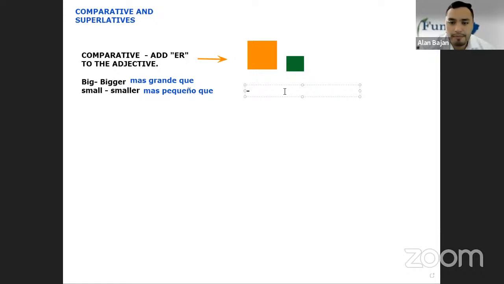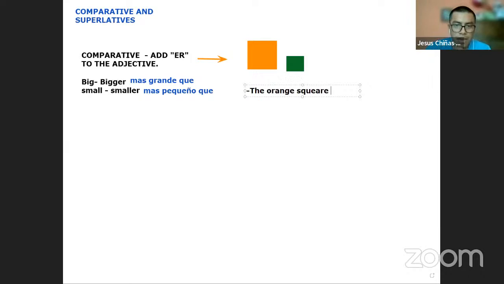Jesús. ¿Cómo se dice cuadro? Square. Square, yes. The orange square is bigger than the green square. Very good.